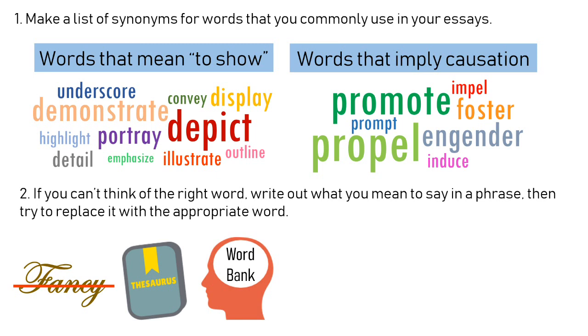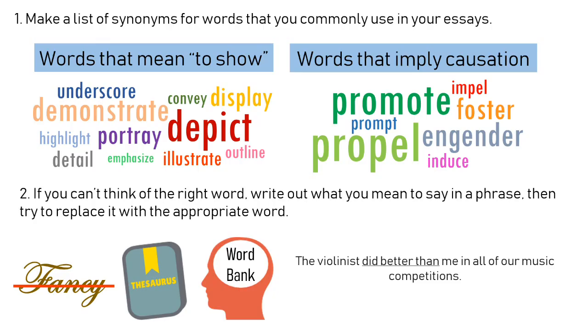So you can do an exercise in which you write out a full sentence, and if you can't really come up with the appropriate word to fit in that sentence, you'll instead write the phrase, meaning what exactly you want to say within that sentence. So here's an example. The violinist did better than me in all of our music competitions.